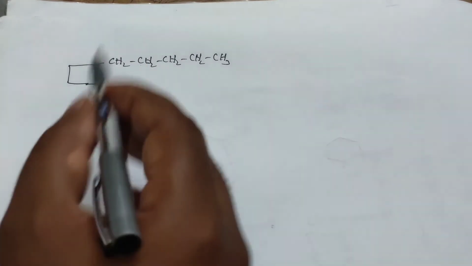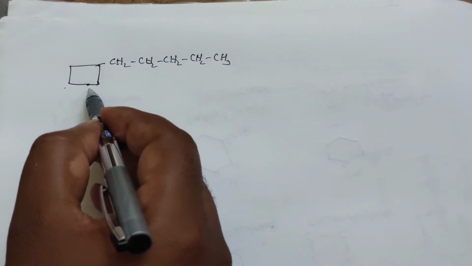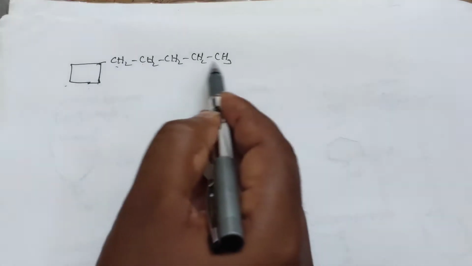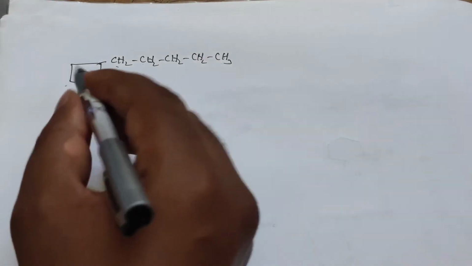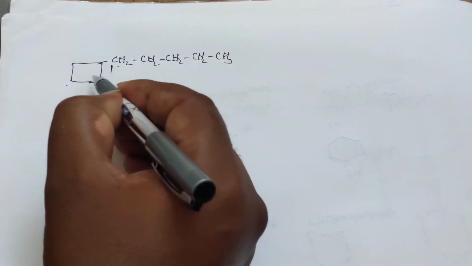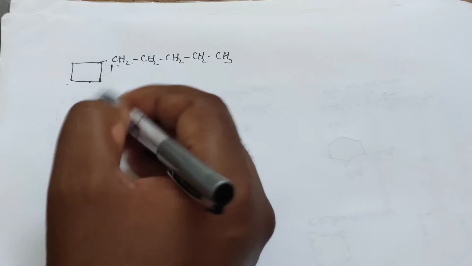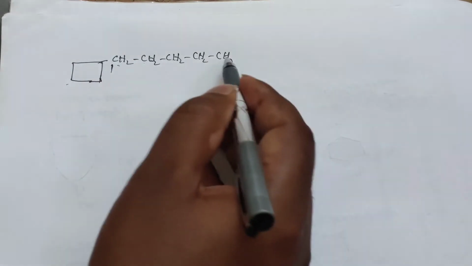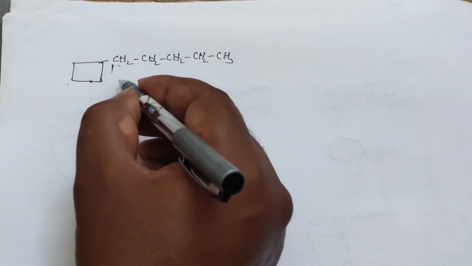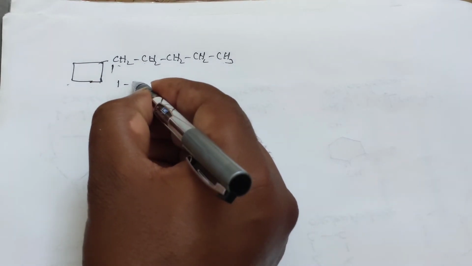In this case, the cyclic compound is acting as a substituent, and we consider the side chain as the main chain. So the name of the compound is: in the first position they have the substitution, that is the cyclobutane, and I am giving the numbering 1, 2, 3, 4, 5 onwards.